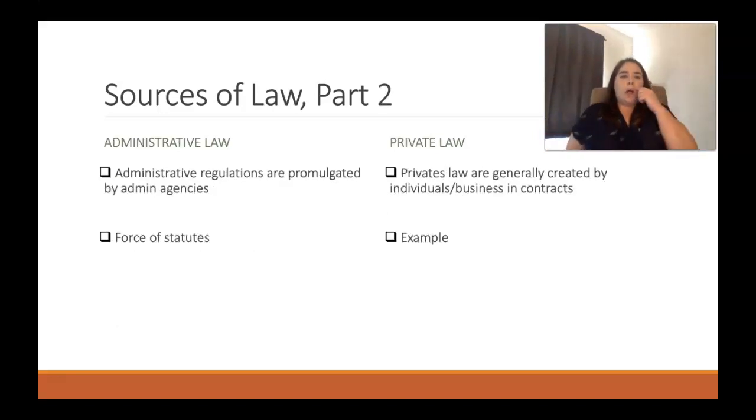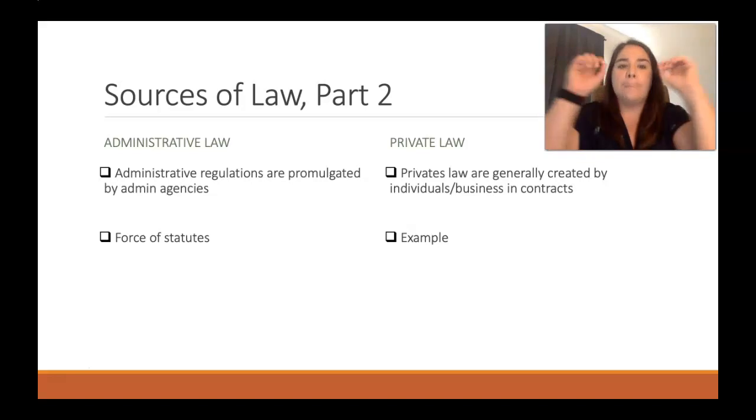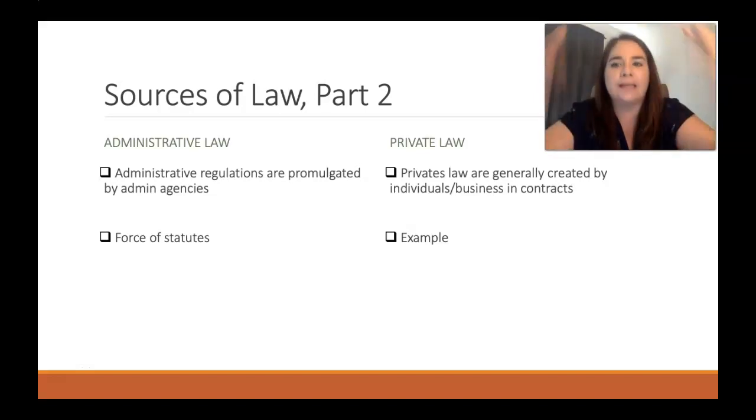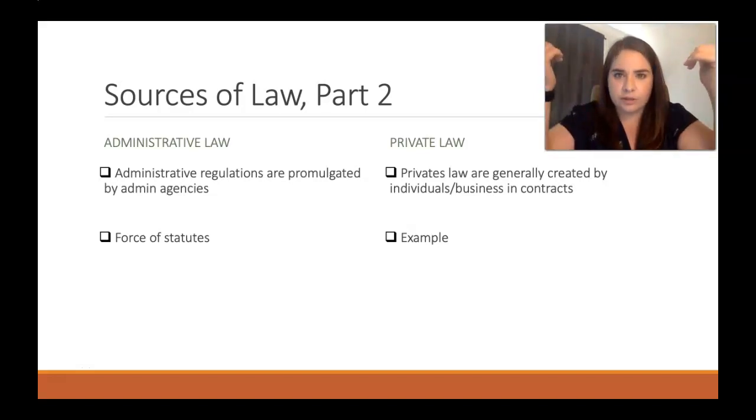Now, administrative law, that's what Chapter 6 is about. We are going to talk about administrative law. We're going to talk about administrative agencies. Super interesting, really neat. They're like their own trifecta of government. Geek out a little bit about the administrative agencies because I think they're really cool. But administrative regulations are promulgated, or put forth, written, and adopted by administrative agencies.